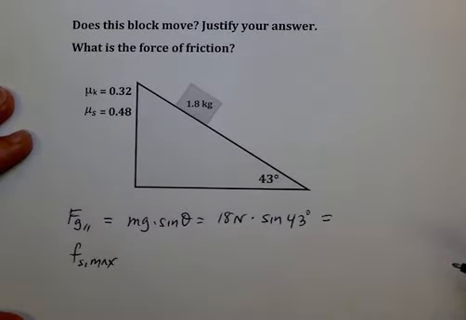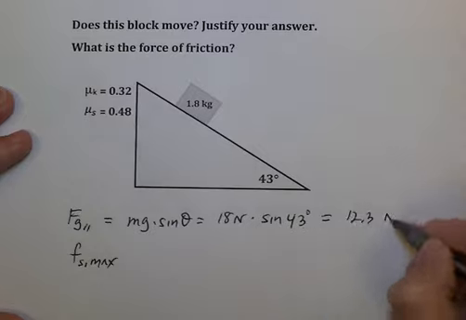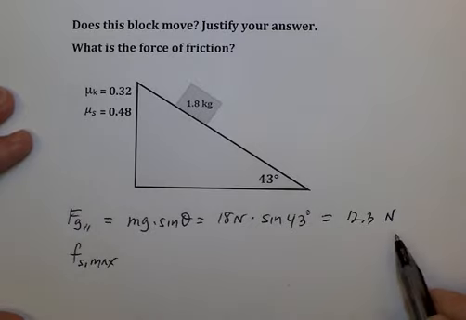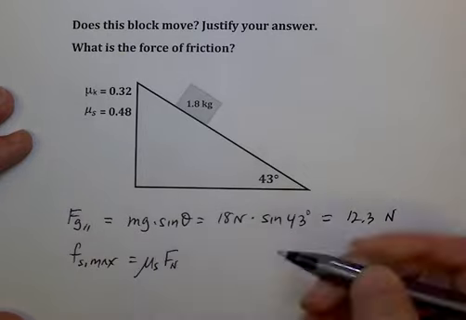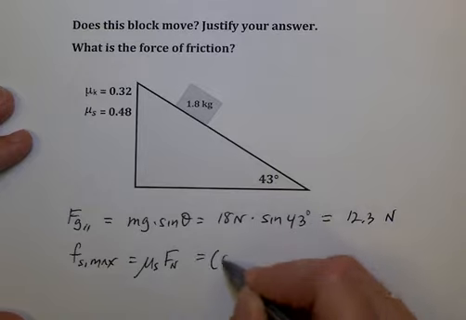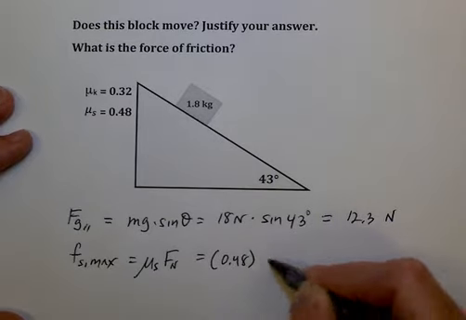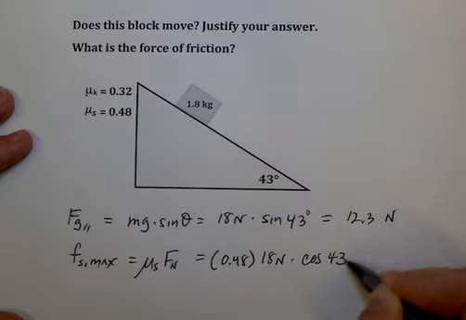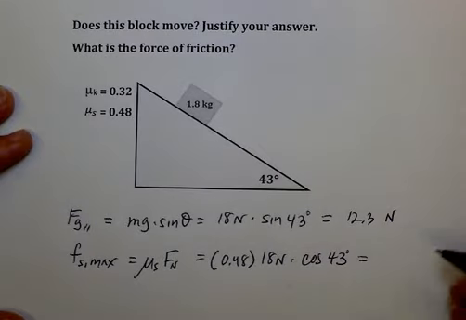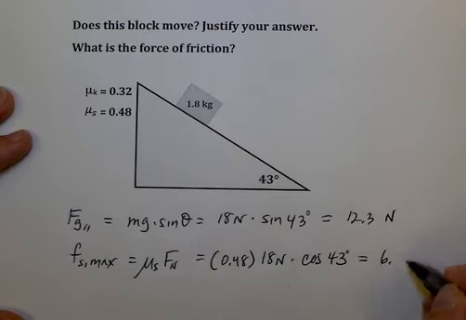That turns out to be 12.3 newtons. That's how much I need to keep this block in place. Calculating the maximum frictional force, so 0.48 times 18 newtons times the cosine of 43. This comes out to be 6.32 newtons.